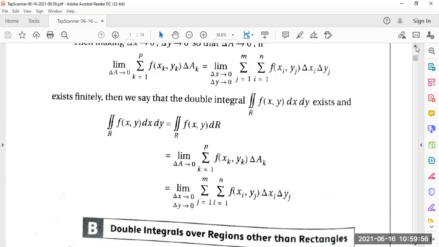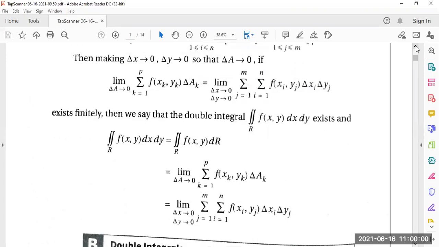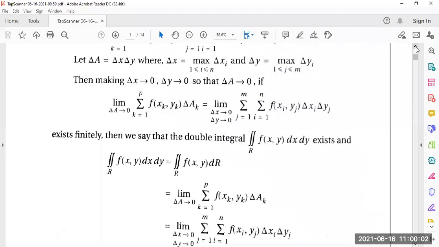So why is delta A tends to 0 taken? Otherwise we cannot use the limit concept. In our limit concept, we have to make the delta small, we take delta as small as possible. If it tends to 0, then only can we say that the limit approaches the total value, the limiting value.